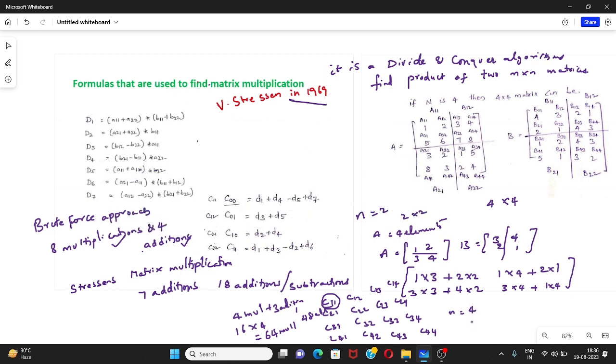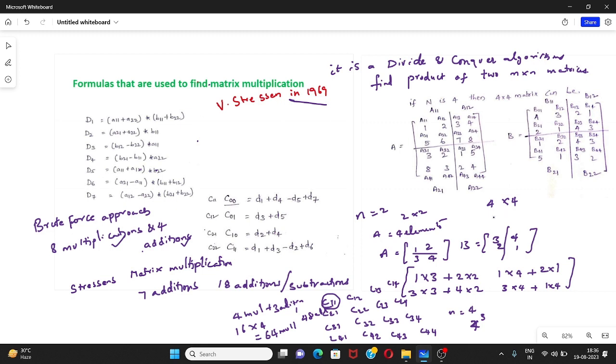The number of multiplications required is n cubed, that is 4 cubed. We know in computer terms, multiplication takes more time as compared to additions. So this is the general method, or brute force technique, for calculating the product of two n by n matrices.